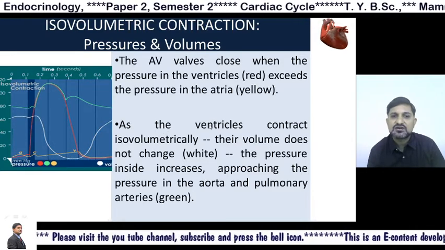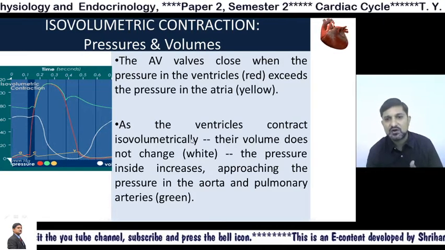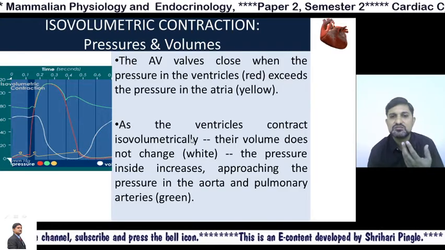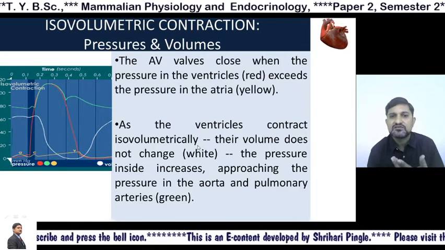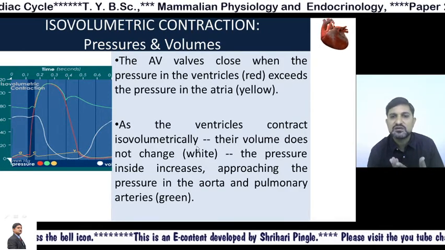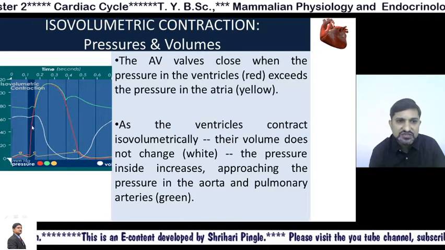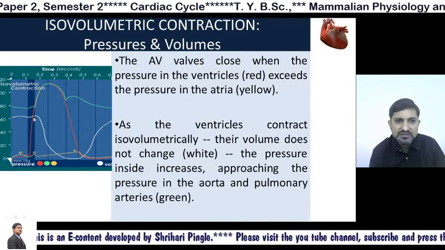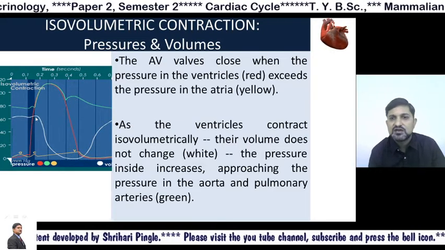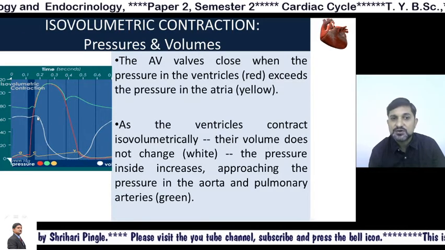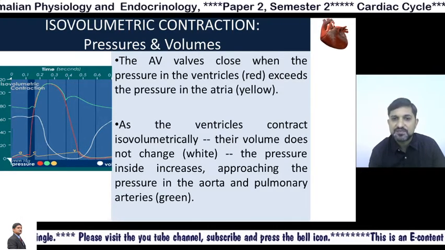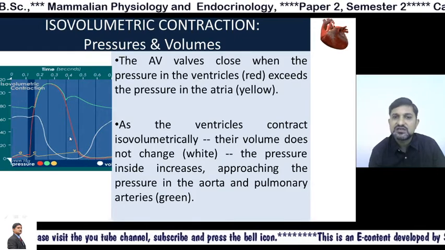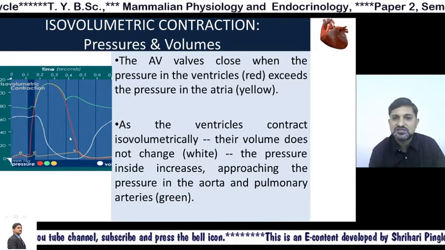As the ventricles contract isovolumetrically, they begin to contract, but their volume does not change. The volume of the blood does not change. So you see here that the volume depicted by the white line remains constant. The pressure, however, will increase because the ventricles have begun to contract isovolumetrically.